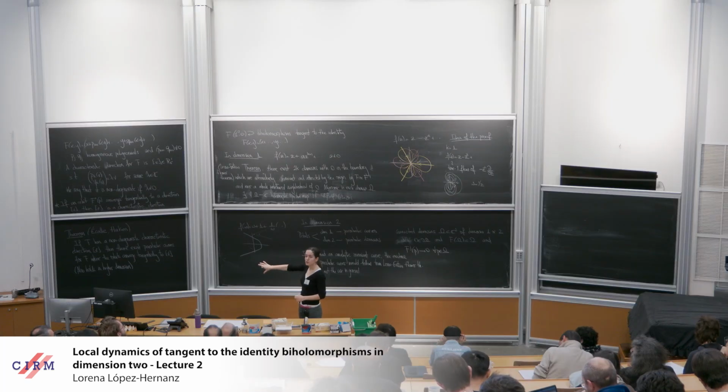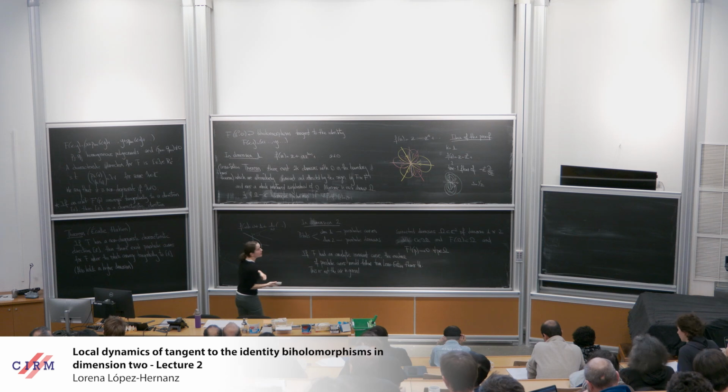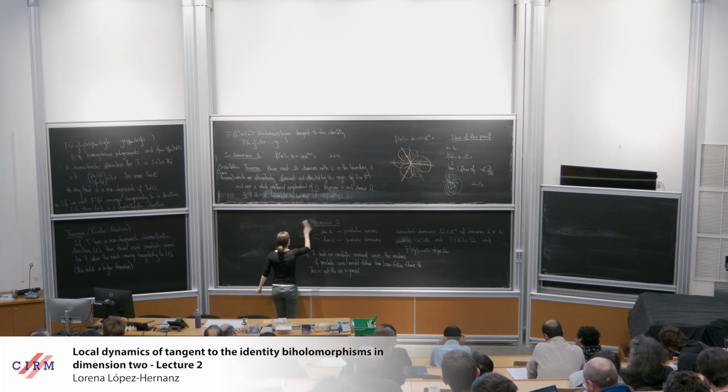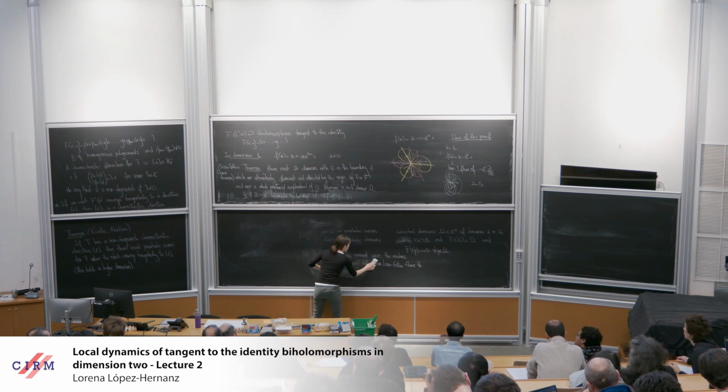Now I'm going to make the connection with the results we saw yesterday, and to do so, I will see how we can associate to any tangent to the identity biholomorphism a formal vector field, and which properties are preserved by this relation.